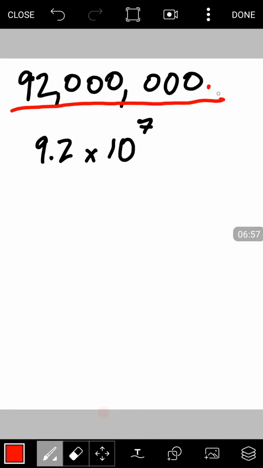The first significant figure in this entire number is the 9. That's the only number we want in front of the decimal. So we're going to move the decimal over as many times as we need until we have just the 9 in front. How many times did I just move that decimal? 1, 2, 3, 4, 5, 6, 7 times.